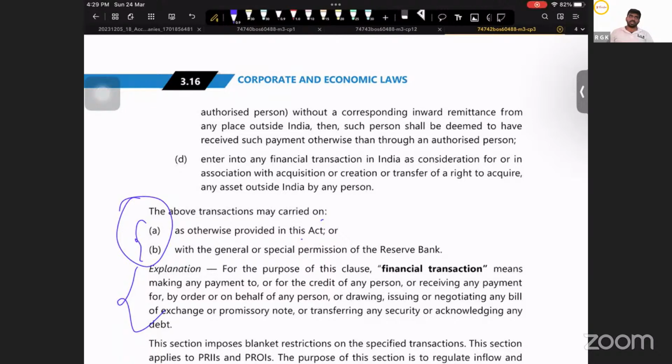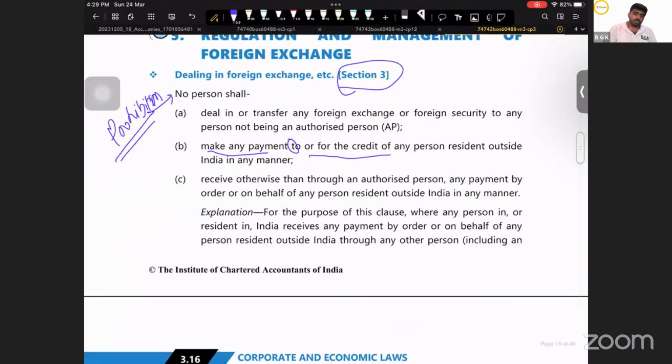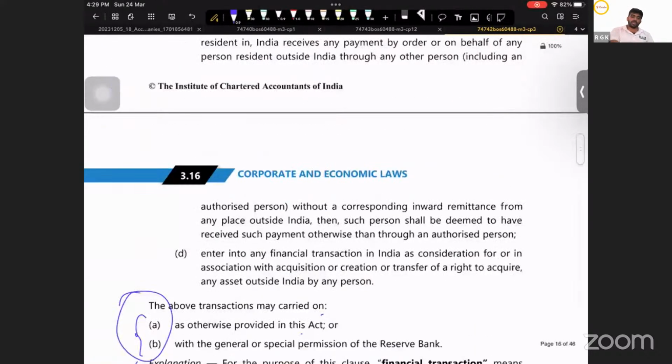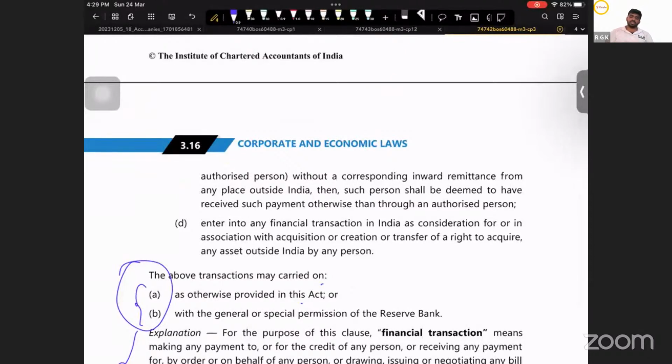Which are the 4 transactions that are prohibited? Dealing in or transferring of foreign exchange or foreign security to any person not being an authorized person, making payment to or to the credit of any person resident outside India, receiving otherwise than through an authorized person any payment by order of or on behalf of any person resident outside India, entering into any financial transaction in India as consideration for or in association with acquisition or creation or transfer of right to acquire any asset outside India by any person.